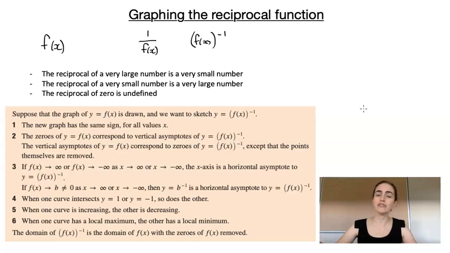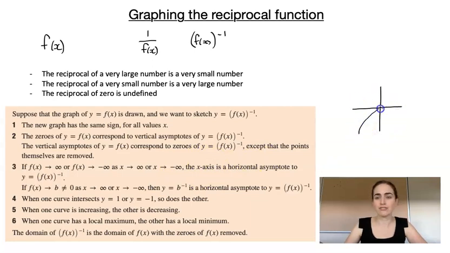Wherever it was negative originally, the new one will be negative as well. The zeros of the original function correspond to the vertical asymptotes of our reciprocal function. If we have our function going off towards infinity or minus infinity as x goes to infinity or minus infinity, then in our reciprocal function, our x-axis is going to be a horizontal asymptote.